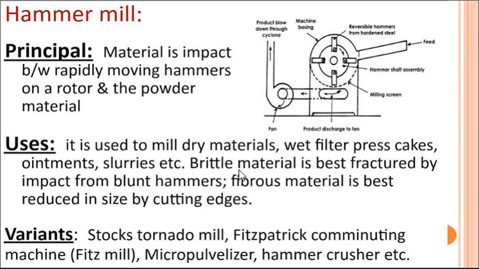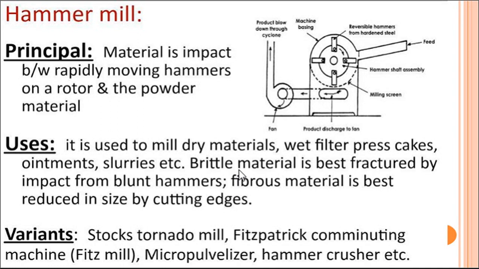There are various modifications available in the market to give it more efficiency than the ordinary one. Like the Stokes Tornado mill is also one of the variants which has been modified into the existing equipment.